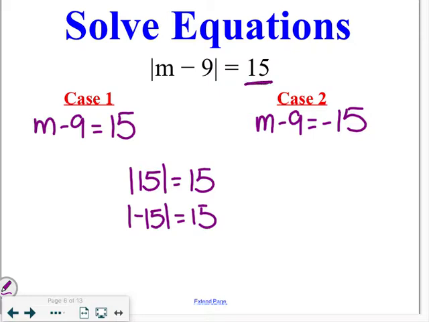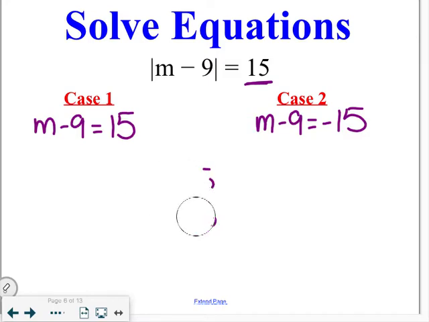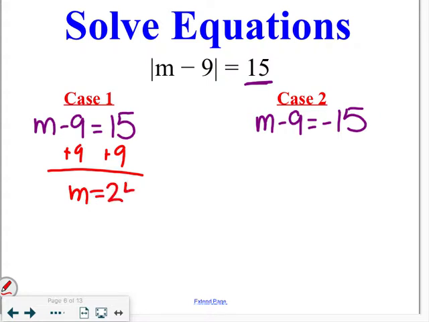Since we just have 15 as our answer, we don't know if they're talking about the positive case or the negative case. So we have to solve to find both of those possible answers. So if I finish up solving case 1, I'm going to add 9 to both sides, and I end up with an answer of m is equal to 24.